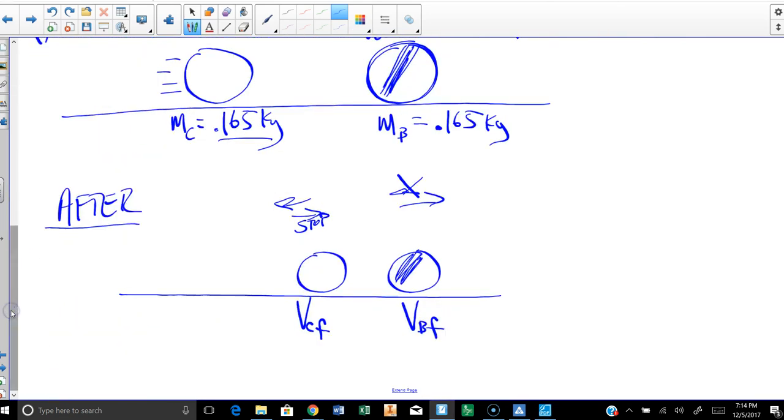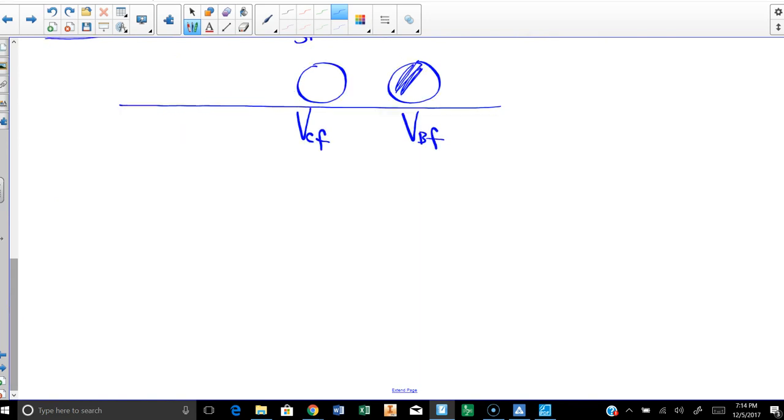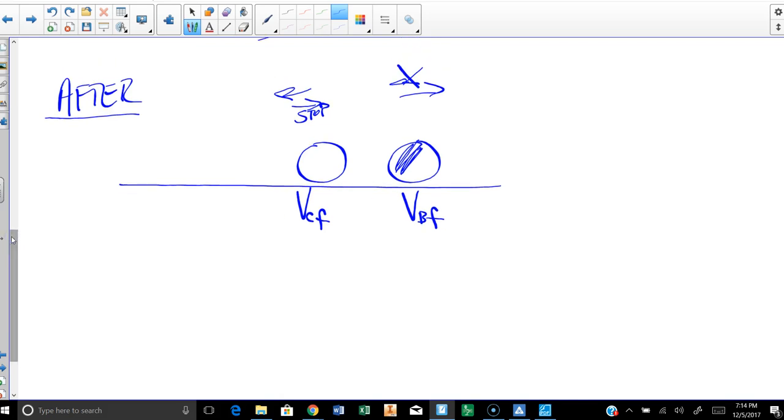And we might need kinetic energy here. Let's see. They still have the same mass, though. So, conservation of momentum says the initial momentum has to equal the final.